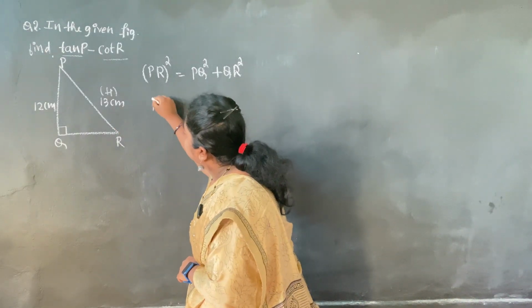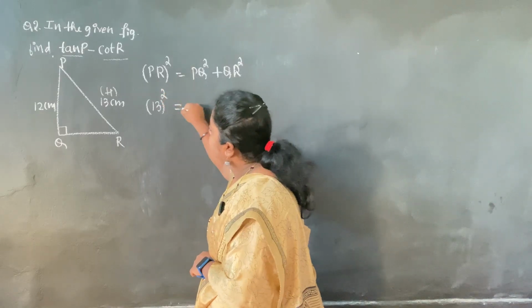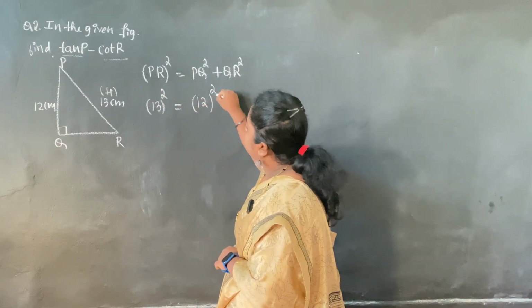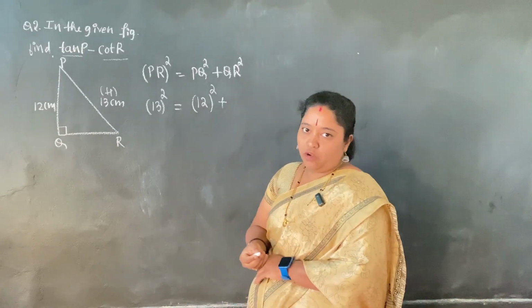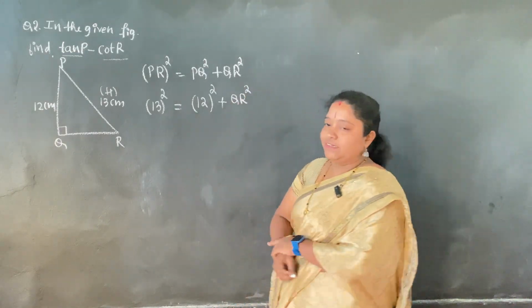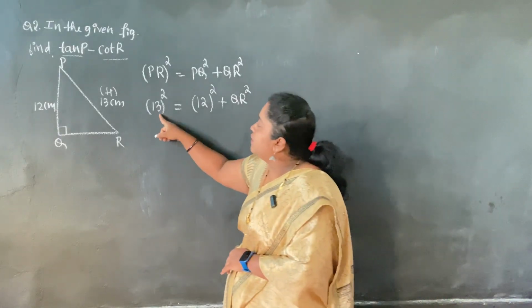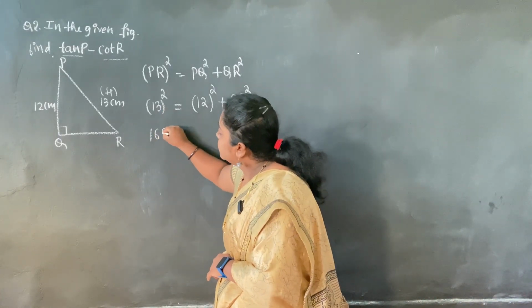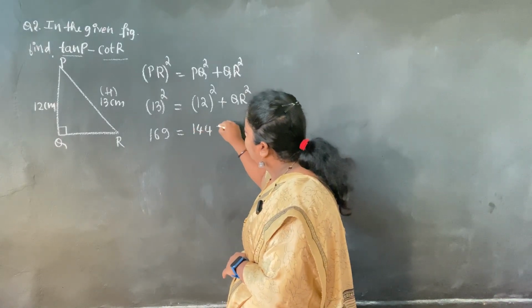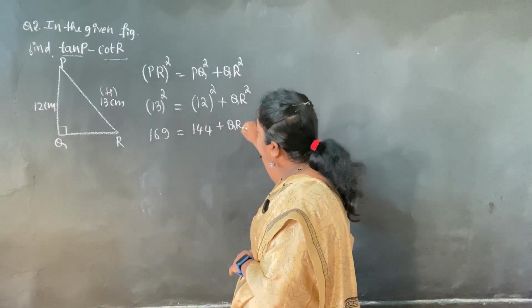So we'll have 13 square is equal to PQ, which is provided as 12, so 12 square, and QR is not provided. We need to find it. So QR square as it is. And we know that 13 square is 169 and 12 square is 144, plus QR square.